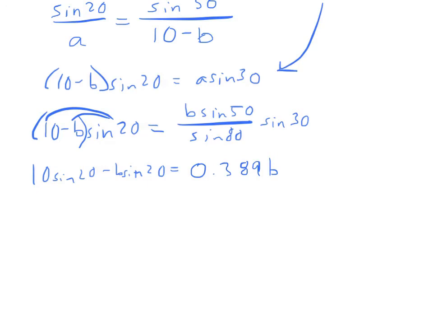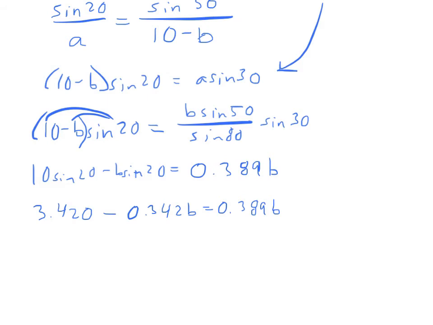So let's see, if I do 10 sine 20, I end up with 3.420. And then the sine of 20 here, let's see, 0.342b equals 0.389b.